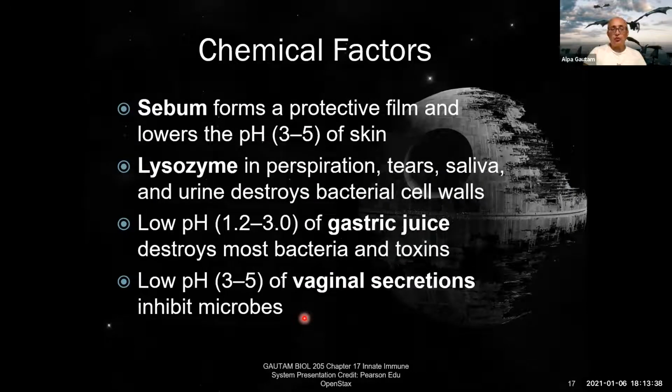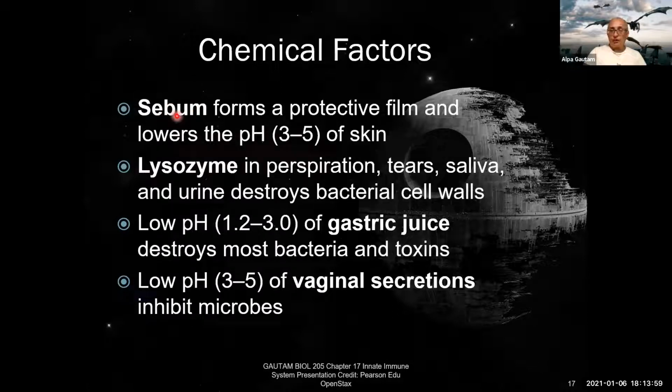The chemical factors that are present are going to be sebum. Sebum is present in the exocrine glands in skin, so sebaceous glands and apocrine glands. These are glands, material you would have learned in 201.